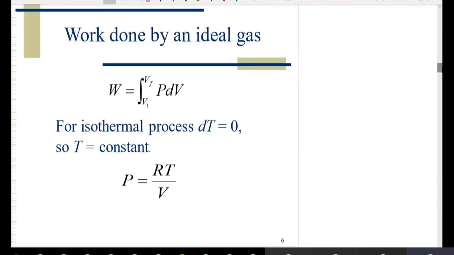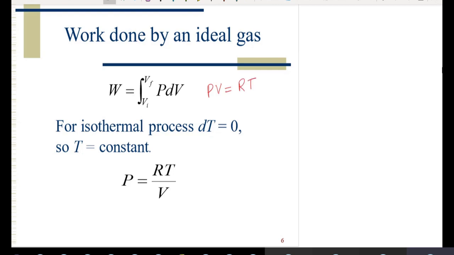So now I will calculate the work done for an ideal gas for a purely isothermal process, the process for which we cannot let the temperature change. So the shape of the equation that we will use will always be the same. That would be W is equal to the integral of P dV, and because we are using an ideal gas, we have to use the ideal gas law equation, PV equals RT.